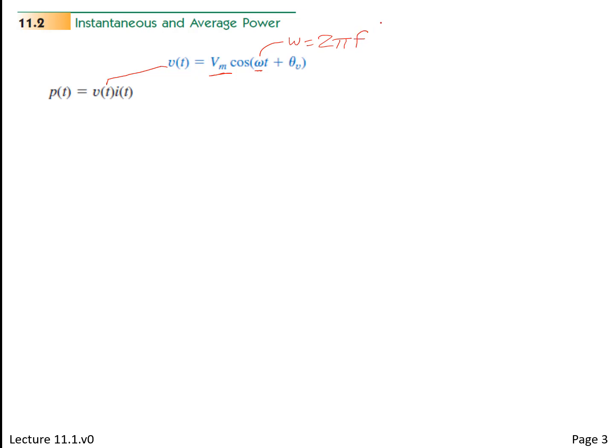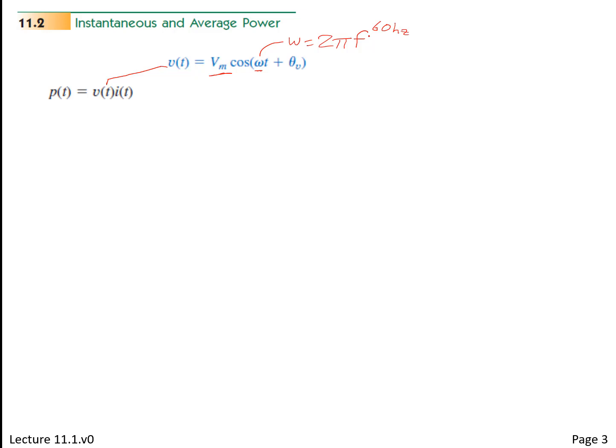So this is your 60 hertz, and 2 pi is about 6 plus times that. So it's going to be some number more like 370 or 380 when you actually get down to doing numbers.